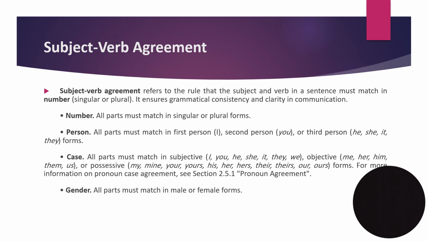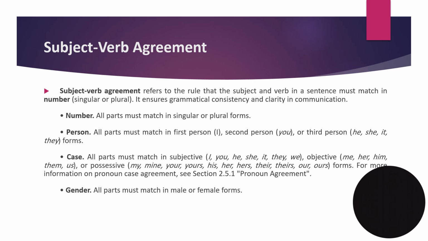So this will include number. All parts must match in singular or plural forms. Person, all parts must match in first person, the I, second person, you, third person, he, she, it, or they forms.